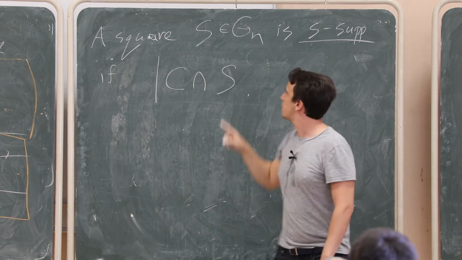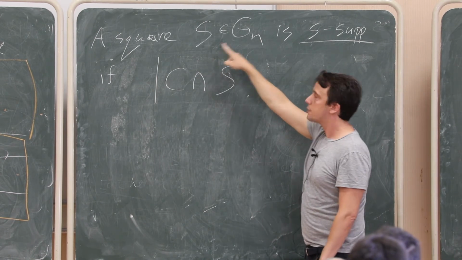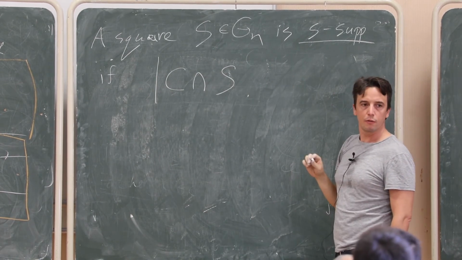I apologize for that. This big S is for a square, and this is little s for the integer from before.